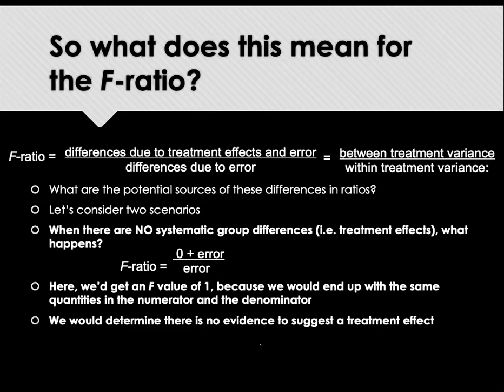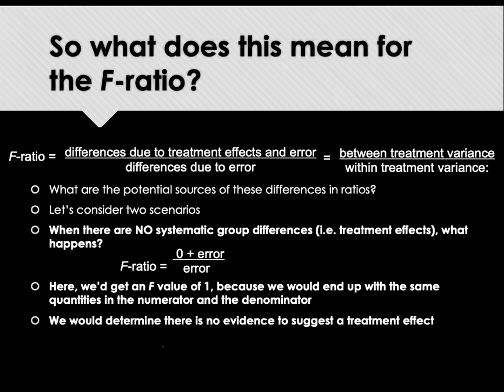So what's going on in this slide is we're learning about the concepts behind the math. How does the math in the F ratio relate to what it means, right? What's going on? Because the F ratio is made up of, in the numerator, differences due to treatment effects and error, and the denominator is differences due just to error, when there's no differences due to treatment effects, when that's 0, our F ratio or F value would come out to 1.